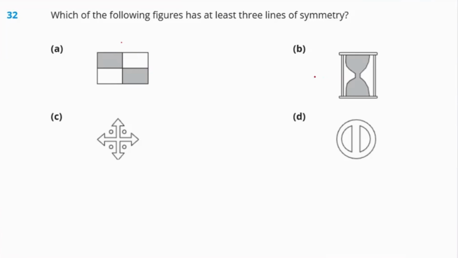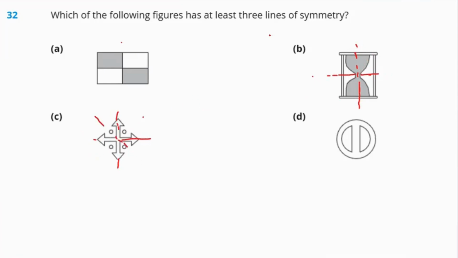And in the next case also, if you draw a line like this, see, this has only two lines of symmetry. And in the third case, if you draw lines like this, yes, it has more than three.